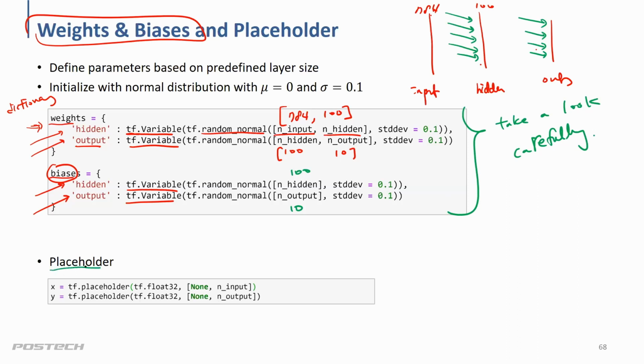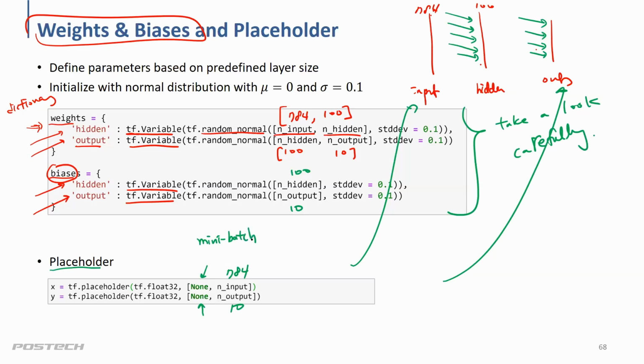And what about the placeholders? Placeholders are related to inputs and outputs. So here it's input size and the output is 10. And what about this? This means it's not determined yet. The reason is that we're gonna use mini batch, right?